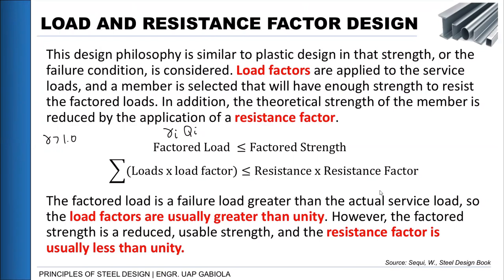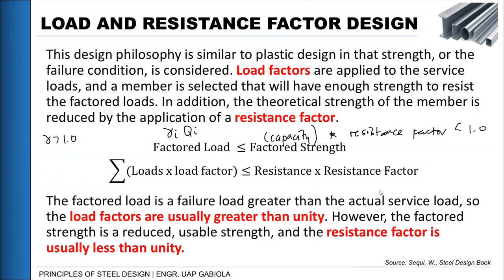And then dun sa capacity side, dito sa right side, we introduce a multiplier called a resistance factor. Okay, so resistance factor naman is less than 1.0. So any number multiplied by a number less than 1, it will be smaller. Okay, so like ASD, kasi baliktad naman yung kanya, dinivide naman niya, pero the value will be smaller also.